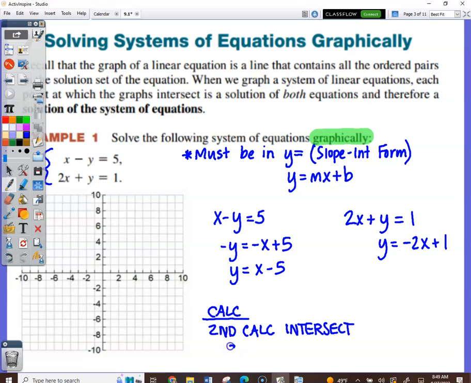And then it's going to ask you 3 questions, and then it will produce the solution. So the solution to this system was 2, comma, negative 3.